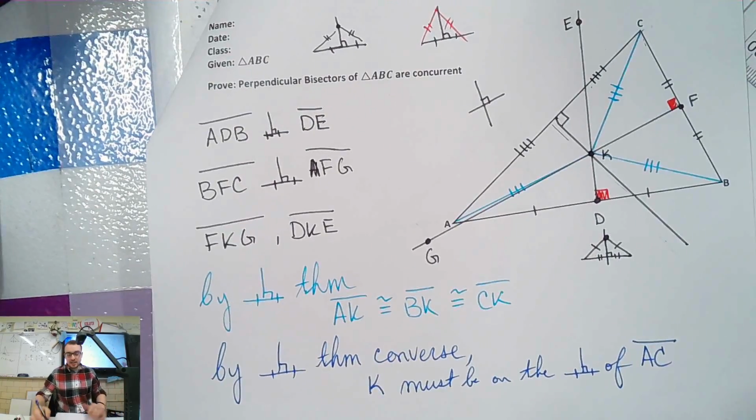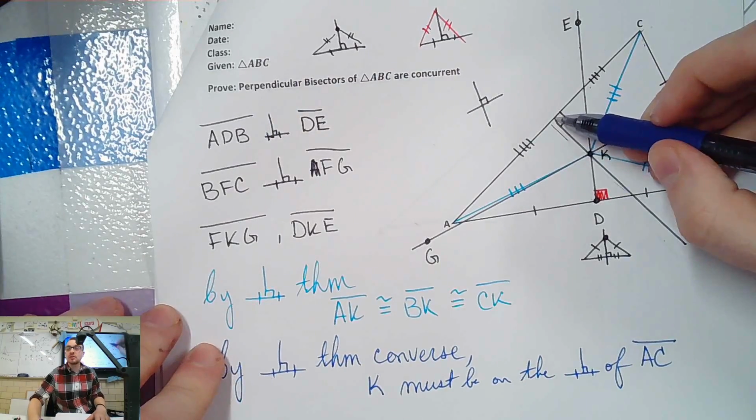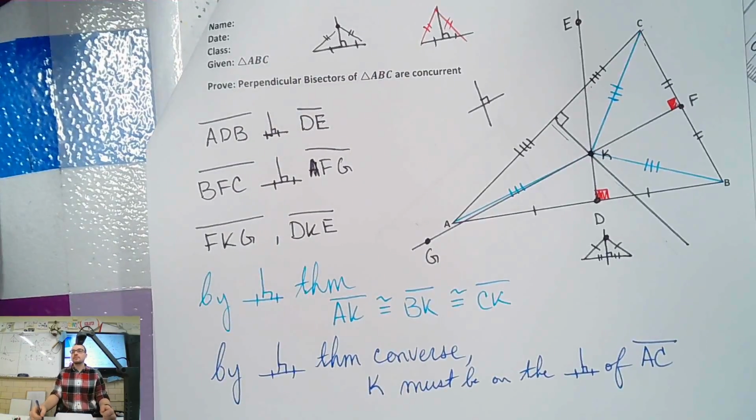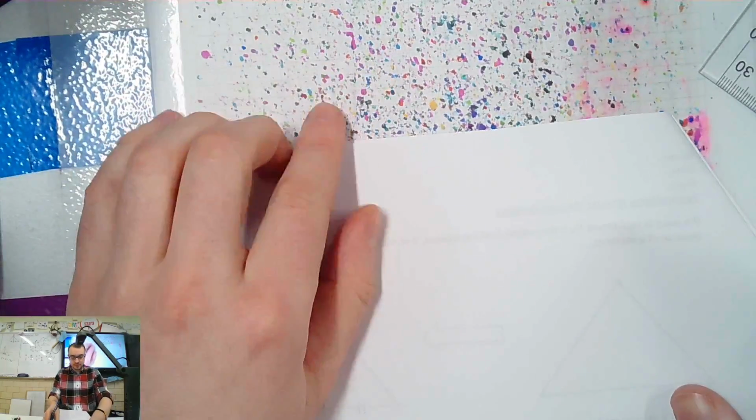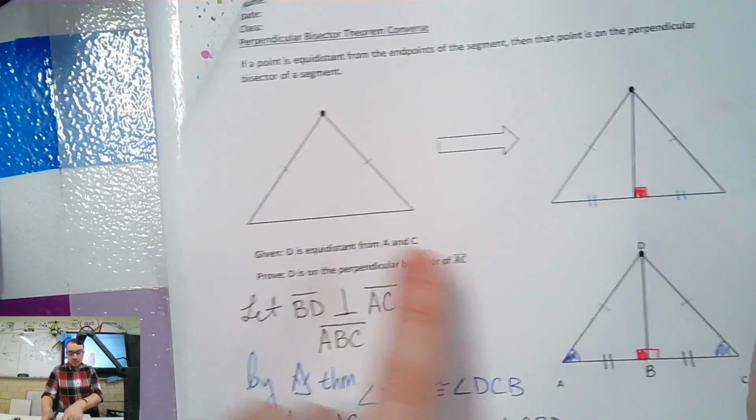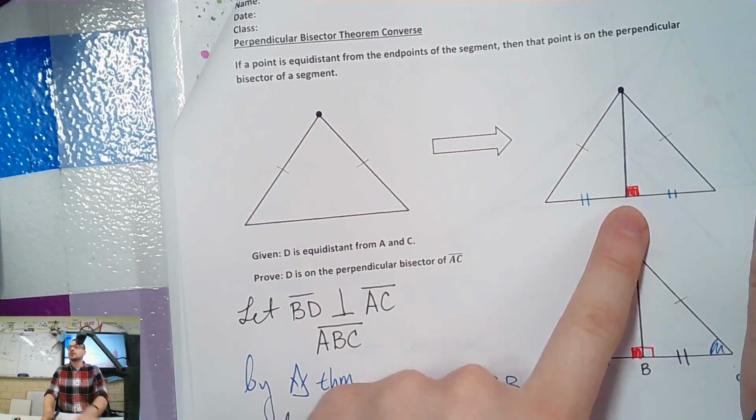So whatever the line is that leaves AC at 90 degrees and hits it in the middle, K must be on it, right? It has to be. That's the converse. That's when we said, if you have this, then you must be this, right? That point must be on the perpendicular bisector.